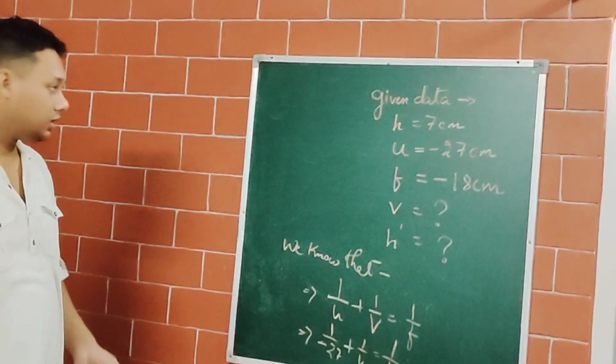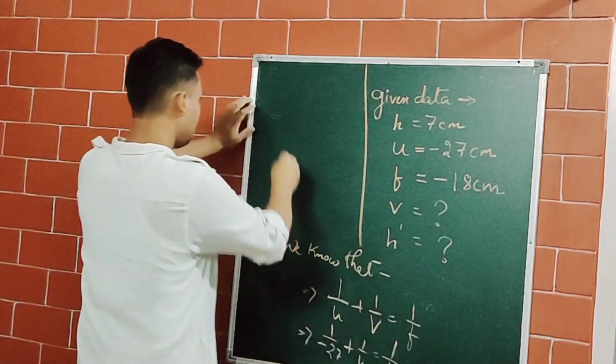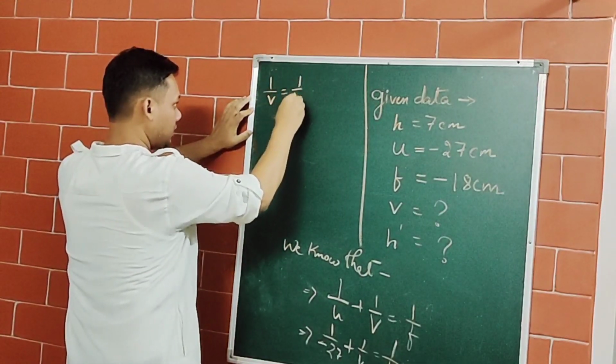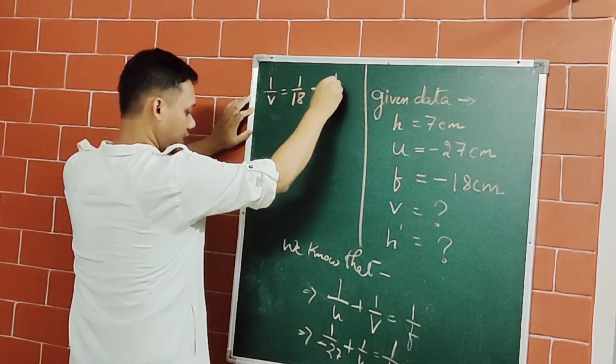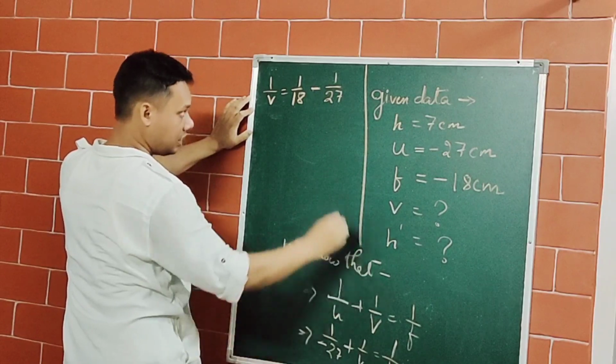Simplify. 1 by v is equal to 1 by 18 minus 1 by 27. Minus 27 going to the other side becomes plus 27.